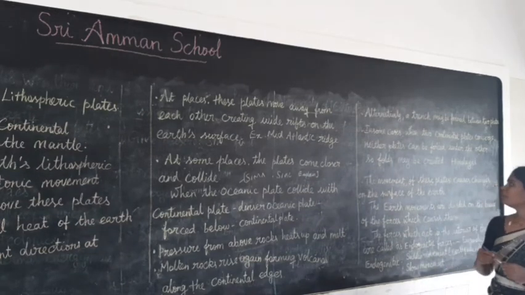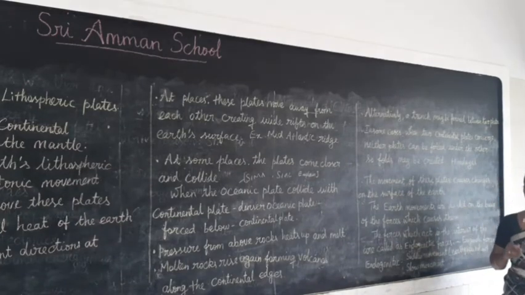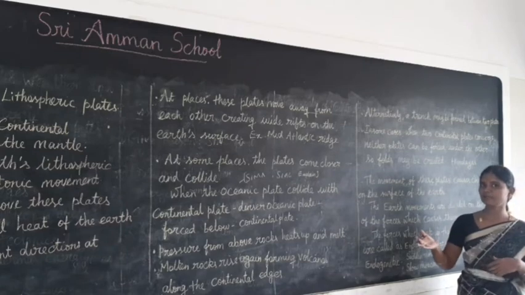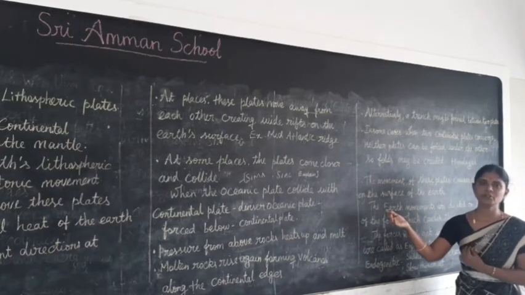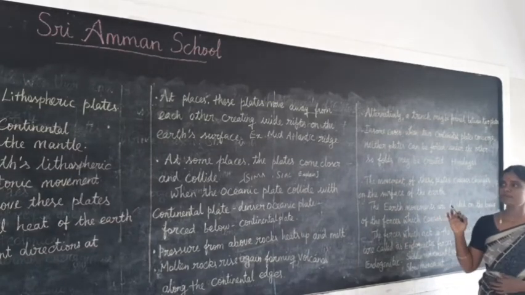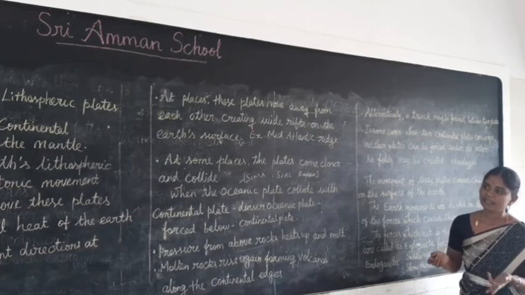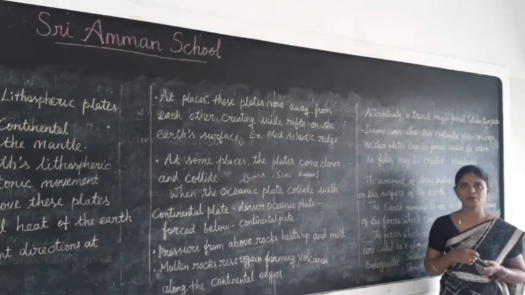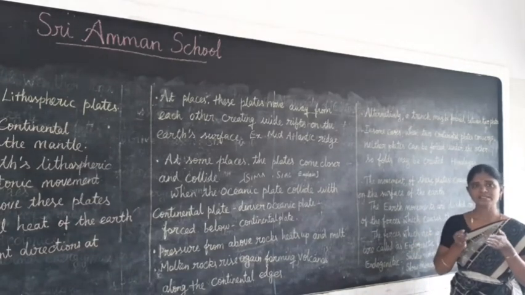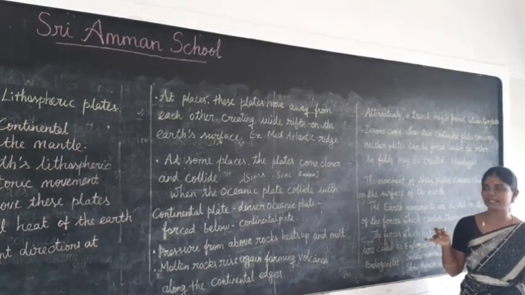The movement of these plates causes changes on the surface of the earth. I already told you the types of movements of these plates. These plates move in different directions and at different speeds. Sometimes they come closer, sometimes they move in opposite directions.